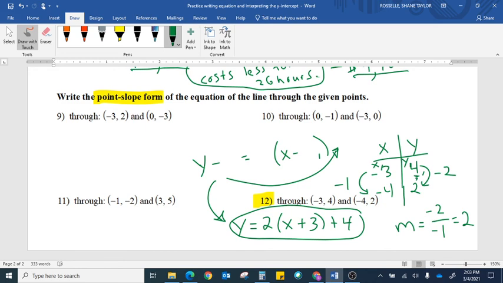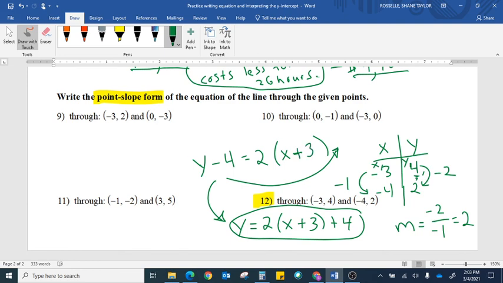So y minus y1, well, my y1 is 4, y minus 4, and then m is 2, and x1 is going to be negative 3, and so that becomes a positive 3.